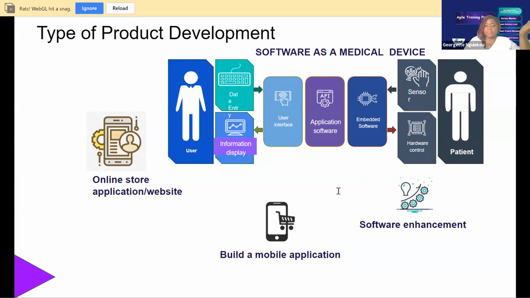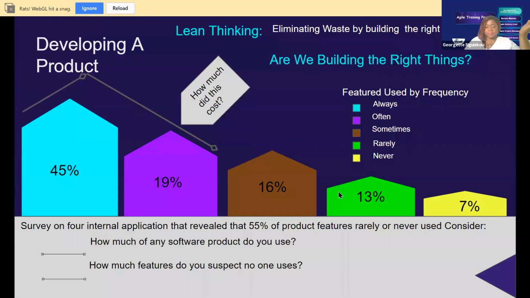Now, when you get that product, Agile comes into place because they realized that 55% of the features on most products were not really fully used, or were not even used at all. You see, if you have to consider everything, just imagine you are building a house.